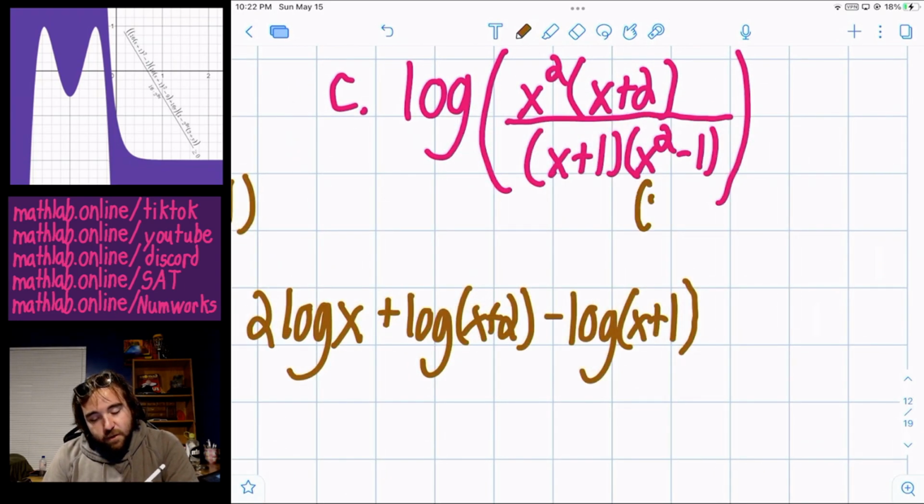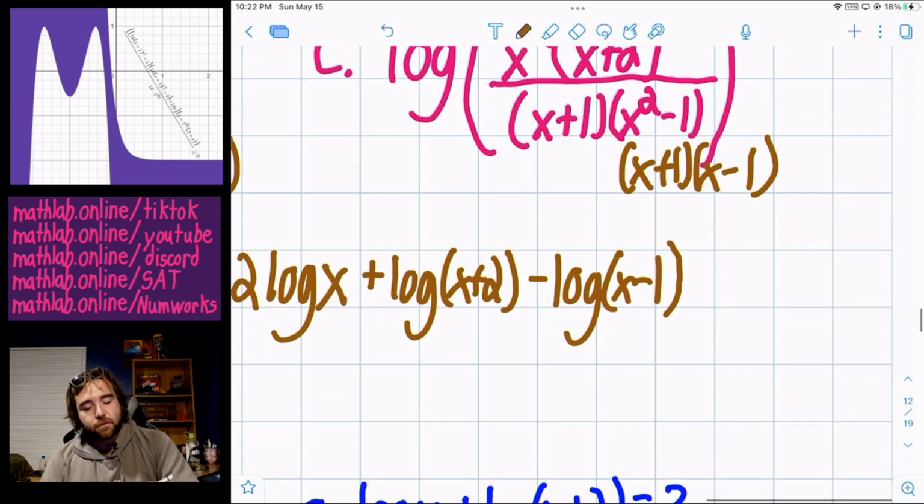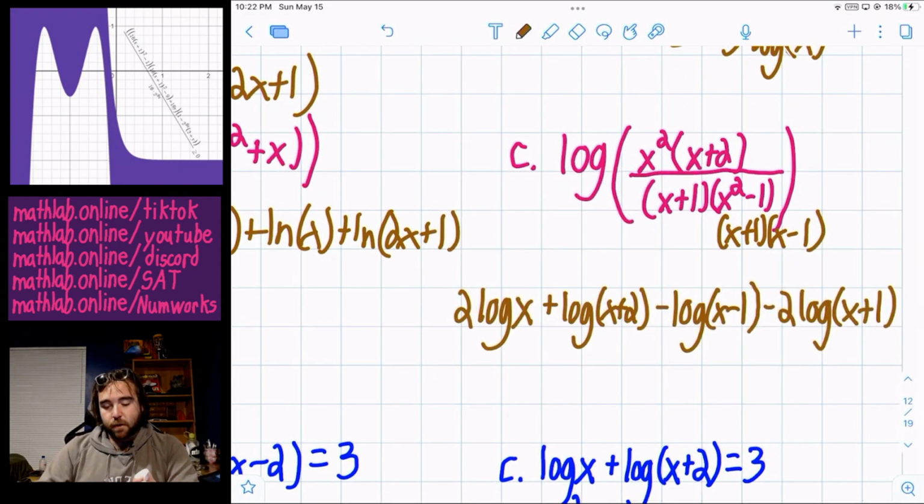Ooh, then we're going to factor this. This is x plus 1 times x minus 1. So actually we're going to do minus log x minus 1 minus 2 log x plus 1, since there's 2 of those down there.